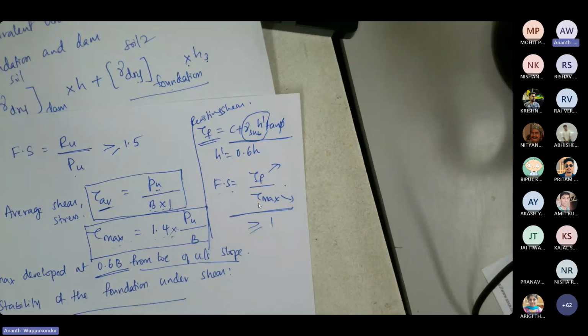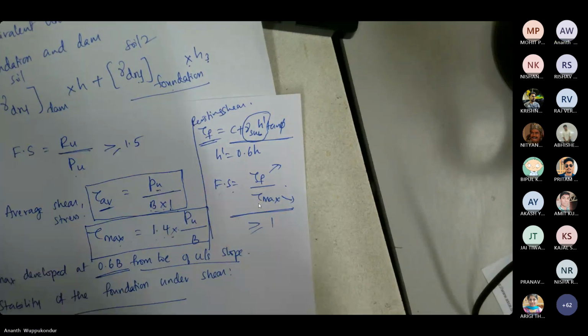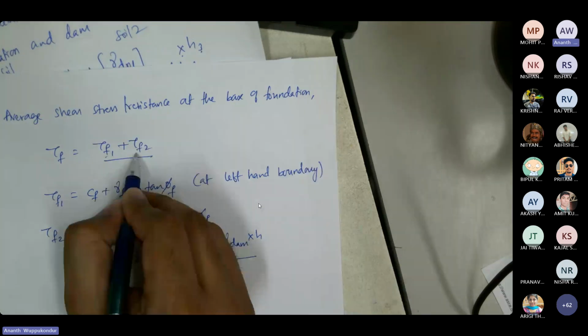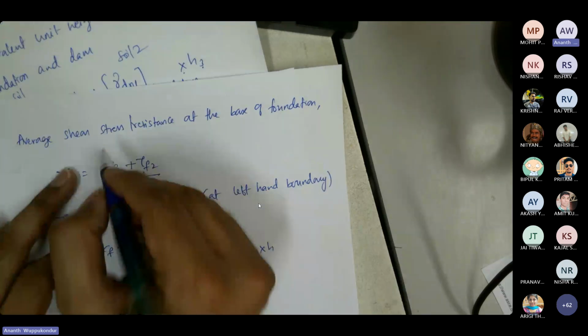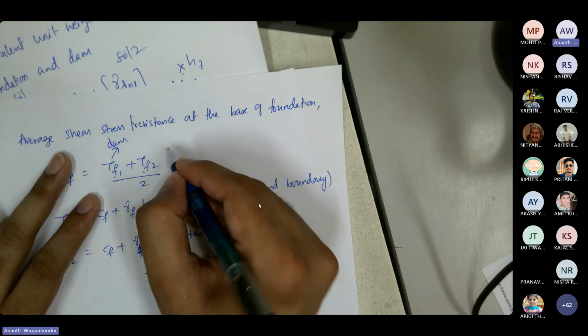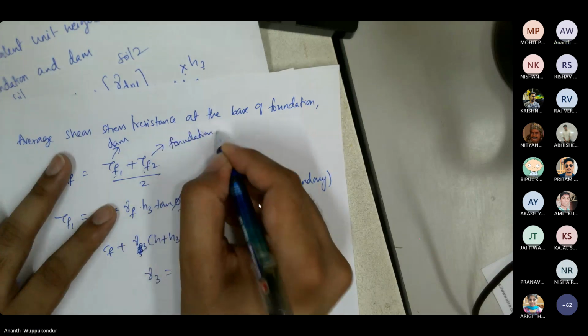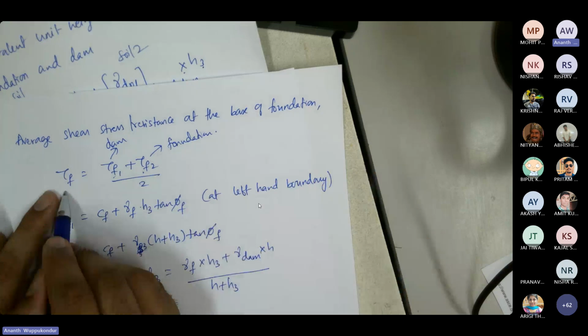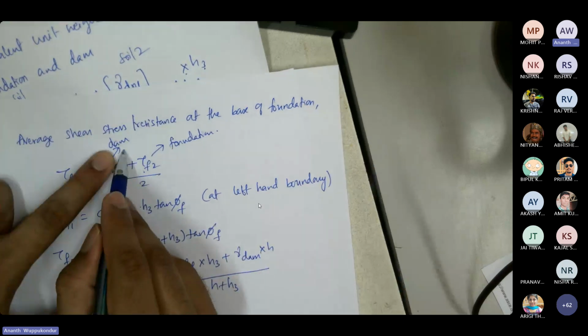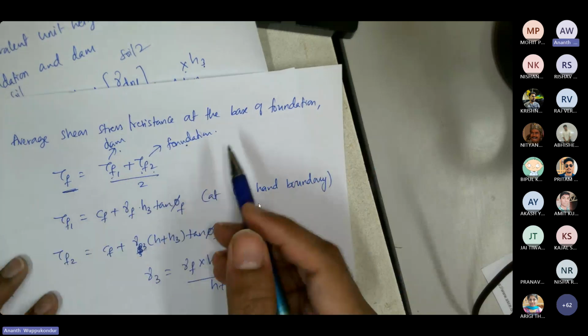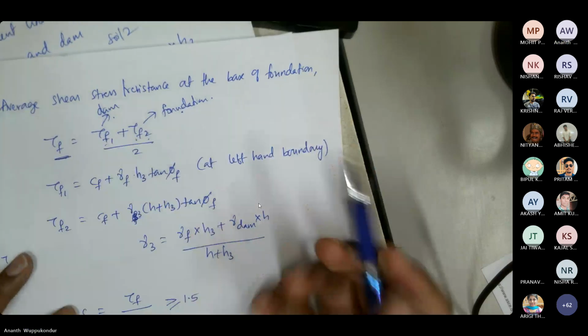So we are going to repeat the same thing, but now we have two different types of soil, one for the dam and one for the foundation. So the resisting shear stress is an average of the resistance provided by the dam and the resistance provided by the foundation.